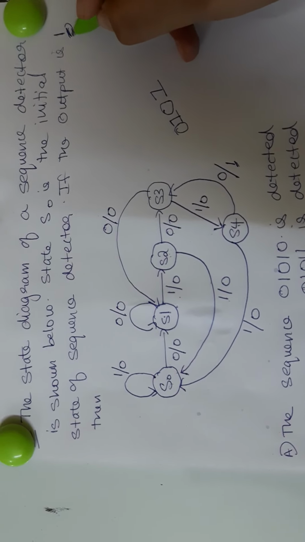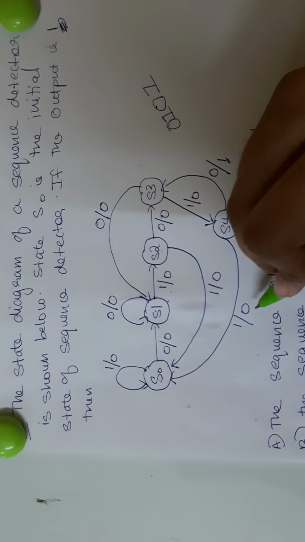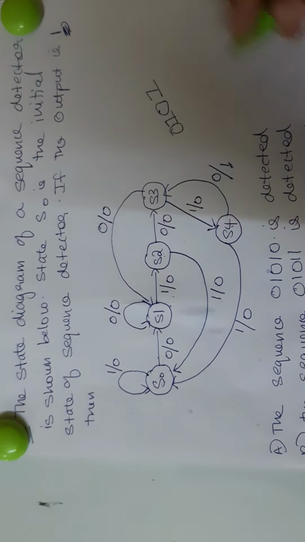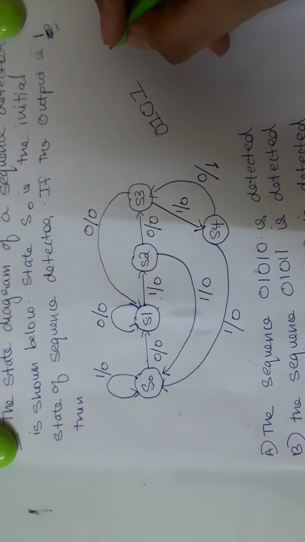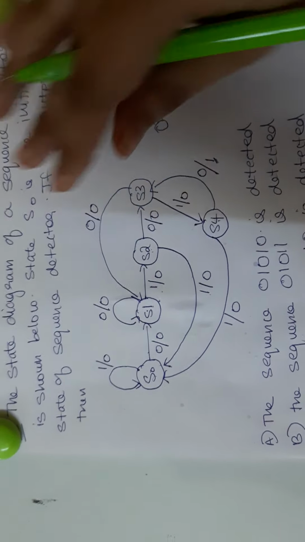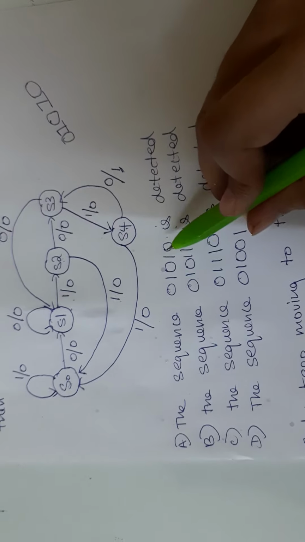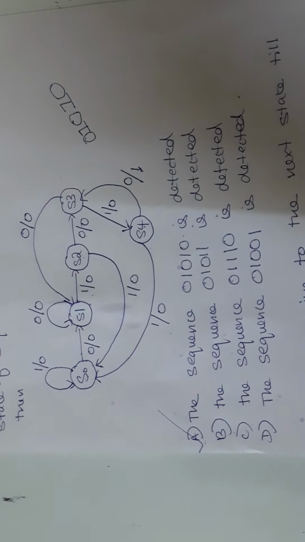Here what they have asked is that the output is 1. But if it is 1, my output is 0 and I again go back to the first state. So I need my output to be 1, so my last bit should be 0. So the sequence detected is 0, 1, 0, 1, 0. Option A is the right answer.